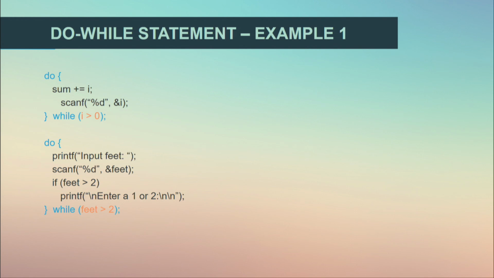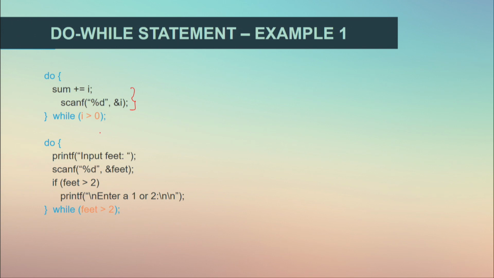We will see some examples with respect to the do while statement. Okay. So, what happens here? I give the set of statements inside the do block or the loop. So, sum plus equal to I. I am adding the value of I to the variable sum, and then we are reading the value of I using the scanf statement, and then we are checking the condition if I greater than 0.